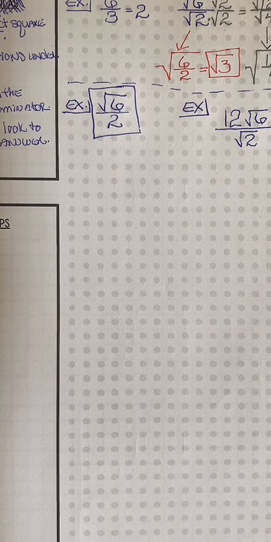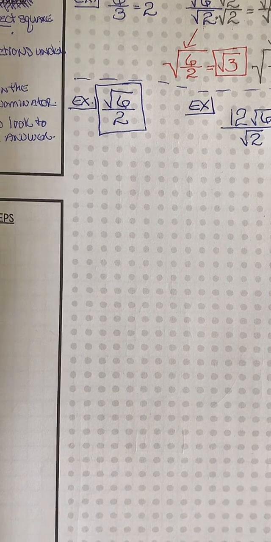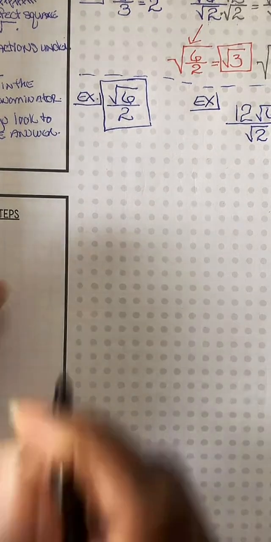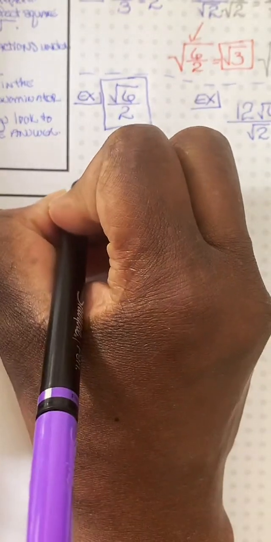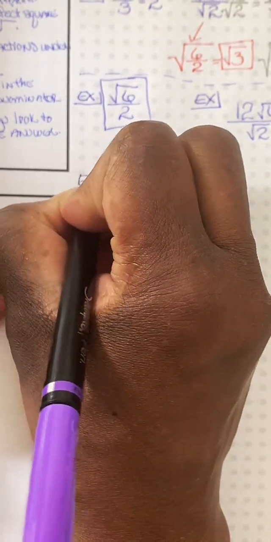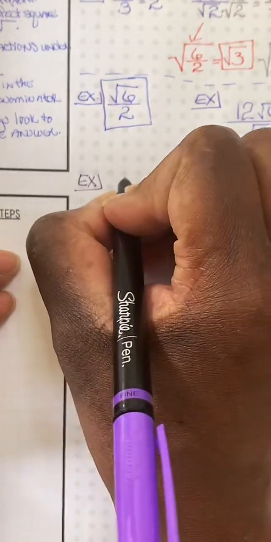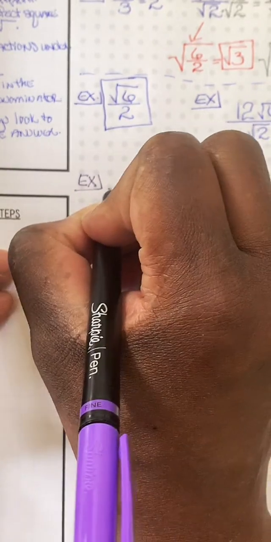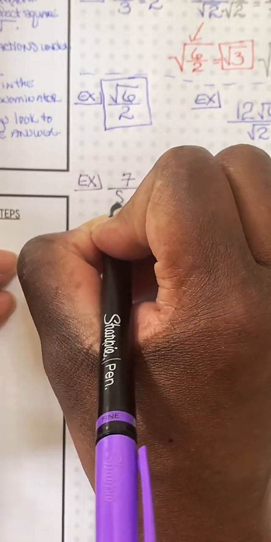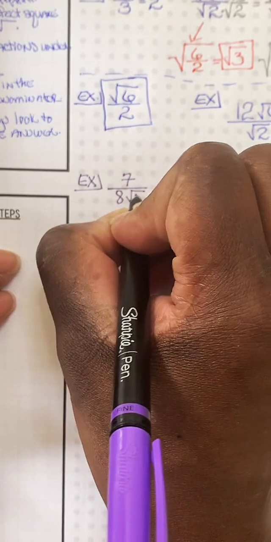All right? So let me try another one. Oops, let me get all my pens together. Good gravy. All right, so let's look at this lovely example. So we have 7 divided by 8 square root of 7.